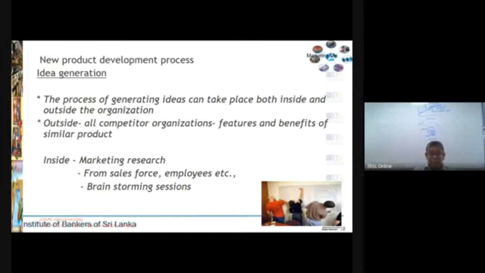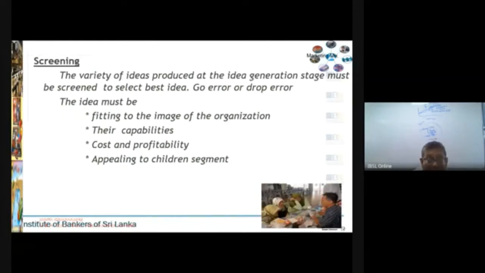That is the first step. Now you may have a lot of ideas, or you can go for a brainstorming session to develop new ideas. What is the first step of the new product development process? Idea generation. This is how. Second, now you have a lot of ideas, but you cannot do all of them.